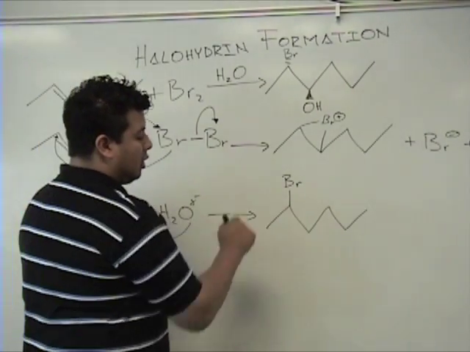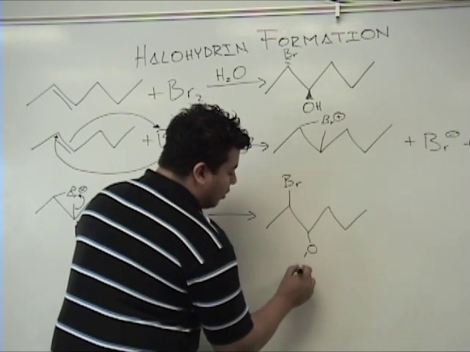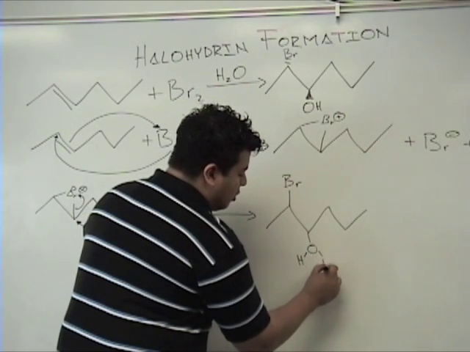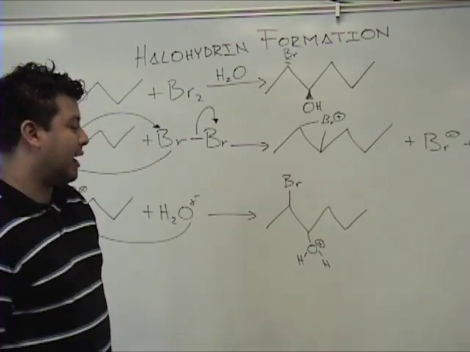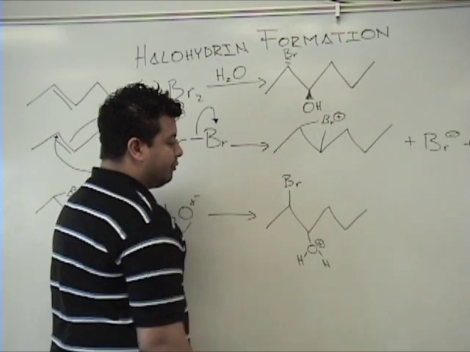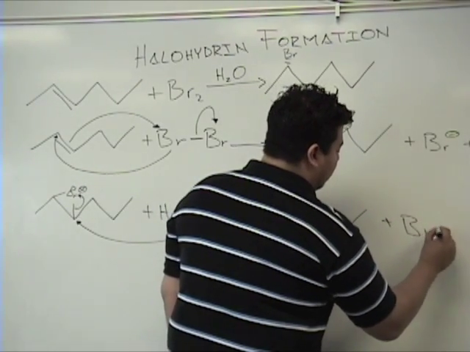So it goes like that, and then on this carbon we have H2O, and this is going to be formal charge plus because it has 3 bonds now, and this is going to be plus the Br minus.